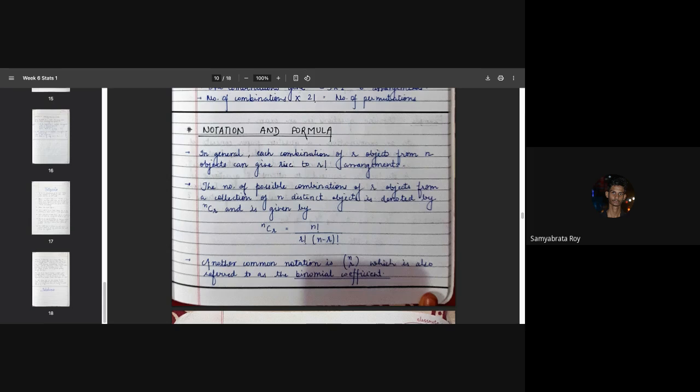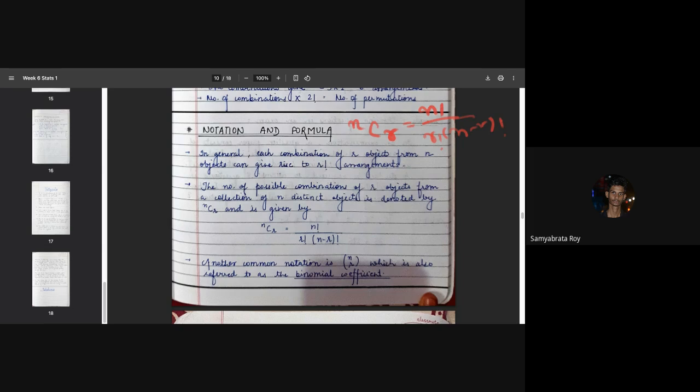So if I was asked to choose r elements from n, the formula should be n factorial by n minus r factorial, which is similar to the permutation formula. But the r factorial term will be dividing the permutation formula. Why?